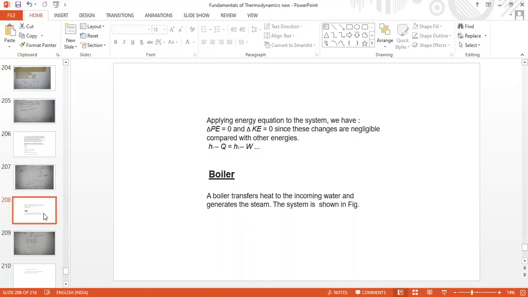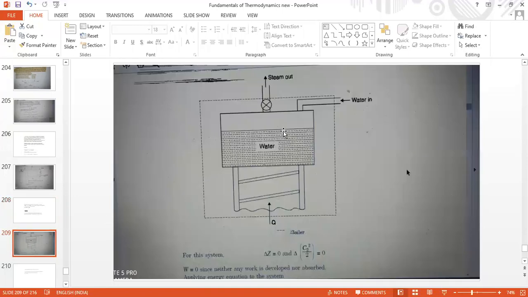Here, a boiler is shown. As you said, water is contained in a vessel. This is an industrial boiler example, but you can draw the boiler as per your understanding.